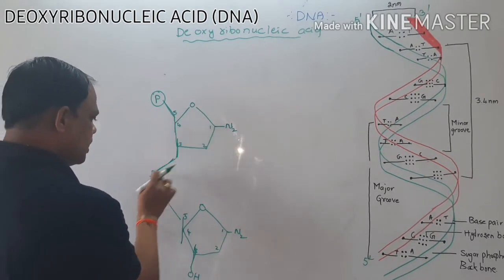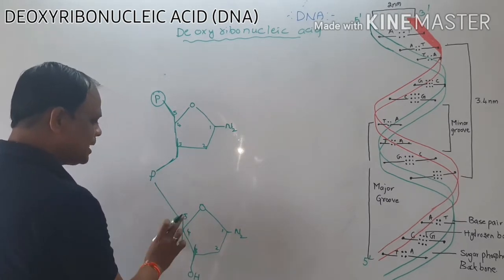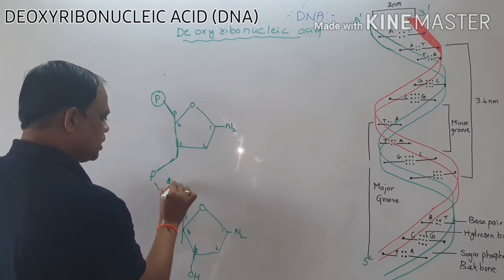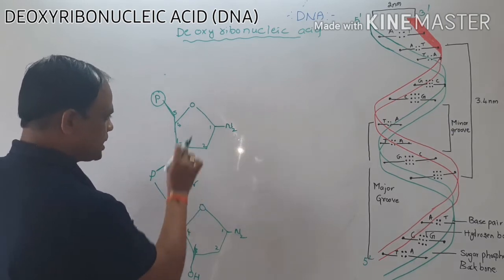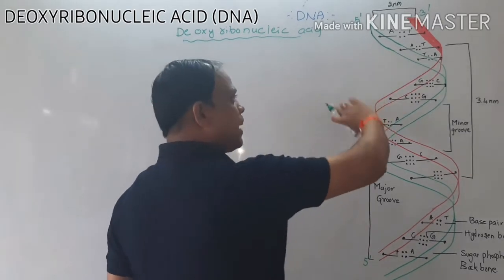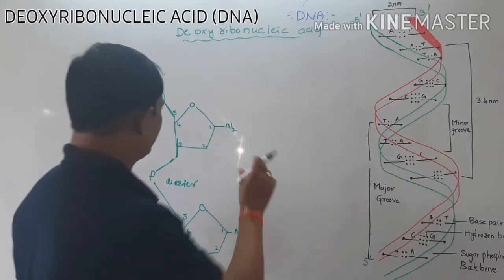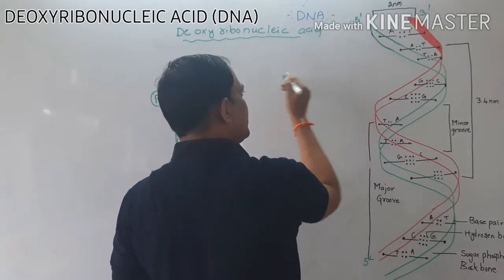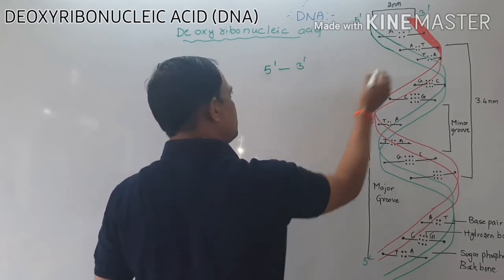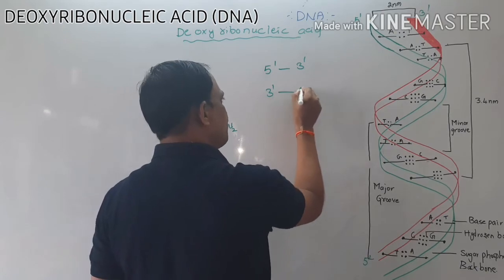The third carbon of one pentose sugar and the fifth carbon of another pentose sugar are bound with phosphodiester bonds. These are the nucleotides, and these strands are anti-parallel. Based on the sugar components, it is the polarity. Mainly the polarity is 5 prime to 3 prime, and the anti-parallel strand is present 3 prime to 5 prime.